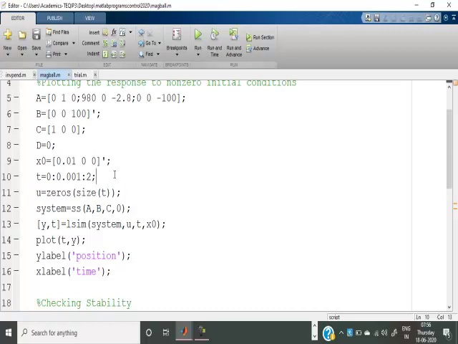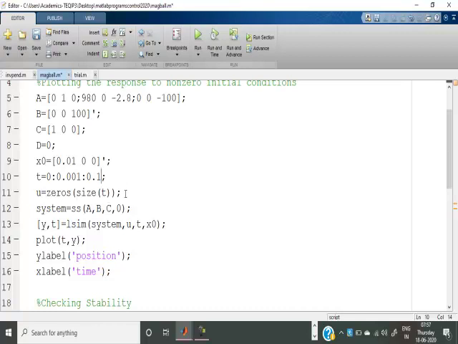So we have formed a time matrix. We are running the simulation up to, let me run it for a shorter while because this is an unstable system, so for 0.1 seconds. Once I make this T matrix, I have to make a zero matrix of a similar size because the input is zero.